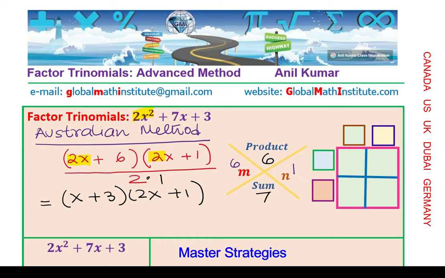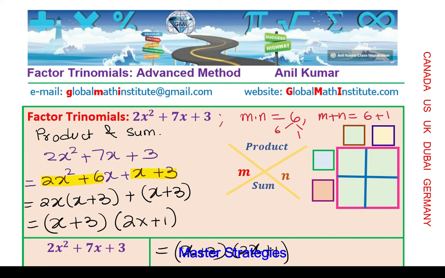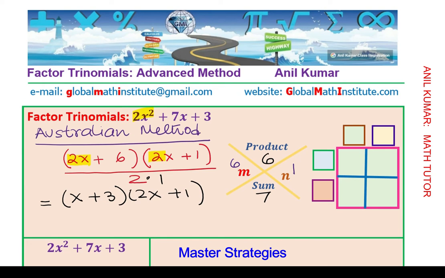Makes sense? So see, using the Australian method is very efficient in such cases. We directly got the answer by the product and sum combination. Earlier, you noticed that there were many steps involved. It is a much faster way of doing it. Is it making sense to you?